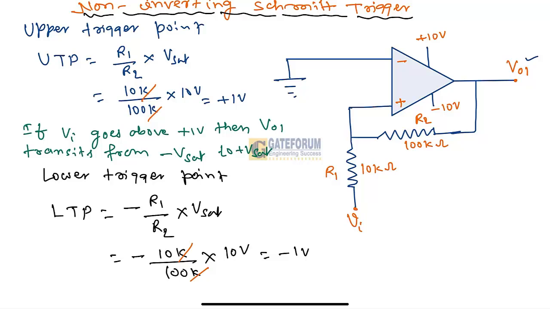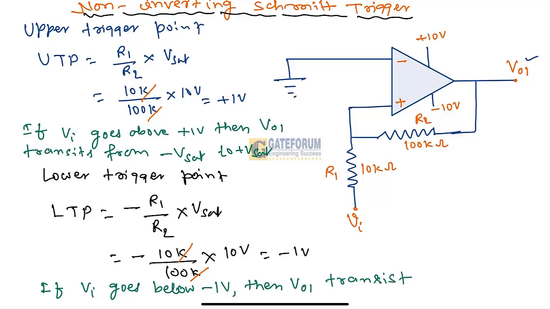What is it saying? If Vi goes below minus 1 volt, then VO1 transits.